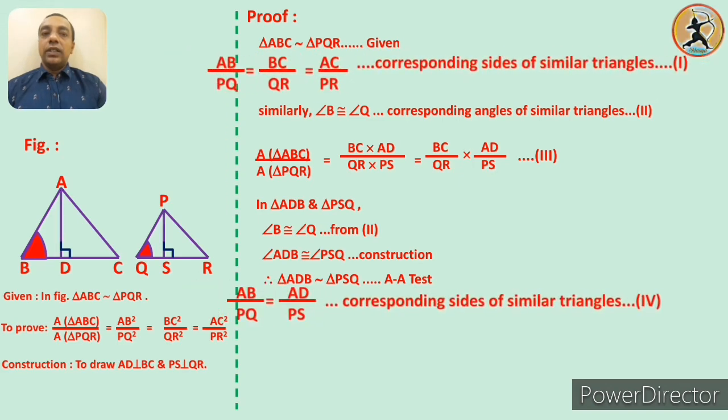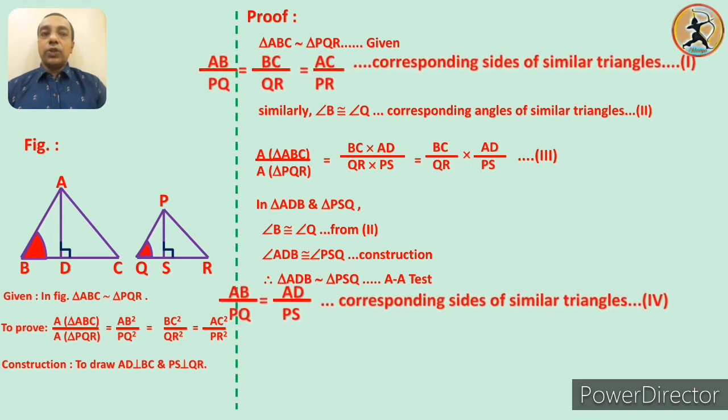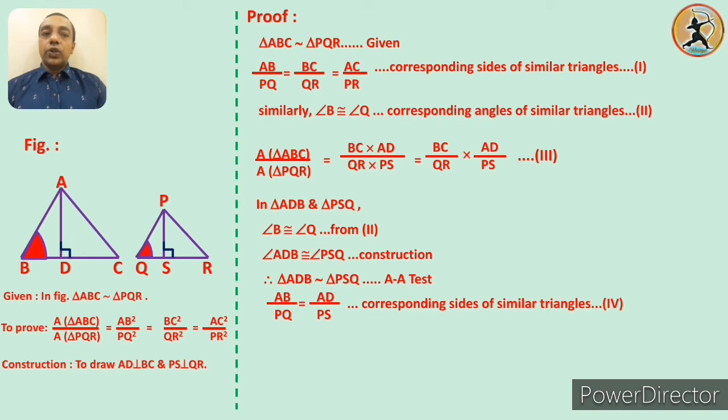Look at here, the first ratios of both the statements are equal. So by using the first and fourth equation, we can write down the new equation, that is AB upon PQ is equal to BC upon QR is equal to AD upon PS, from the first and the fourth statement, and this will be statement number 5.